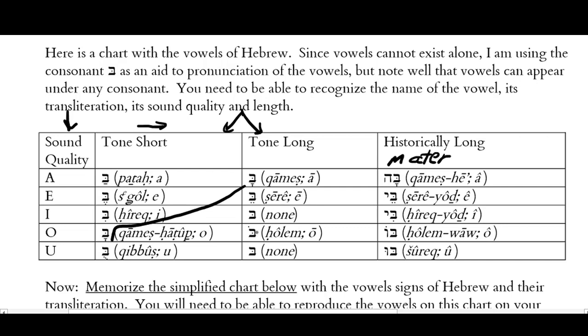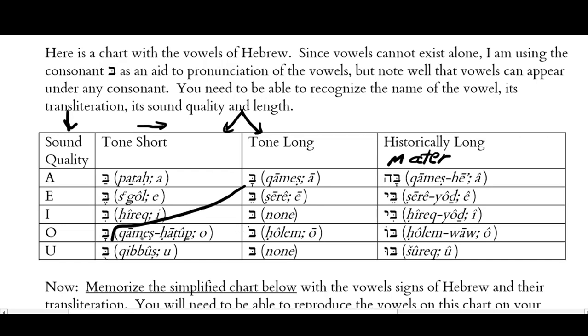And then the final tone long is not written below, but above and to the left of the consonant, and it is a single dot. This is called holum, transliterated as an O with a macron to distinguish it from the short O over here, and it is pronounced O, with the bet, bo.